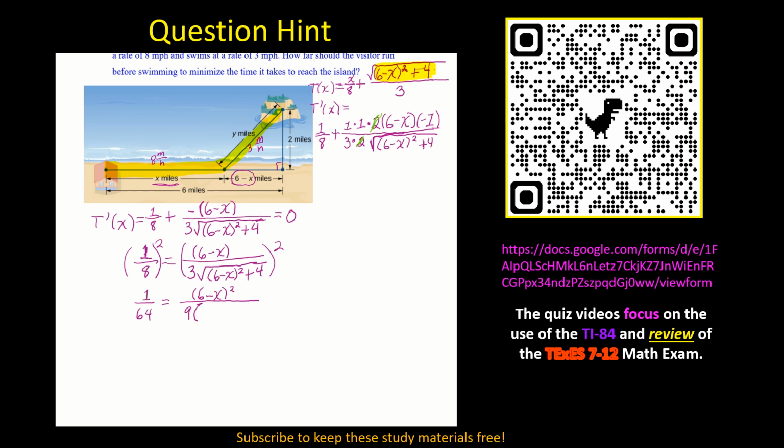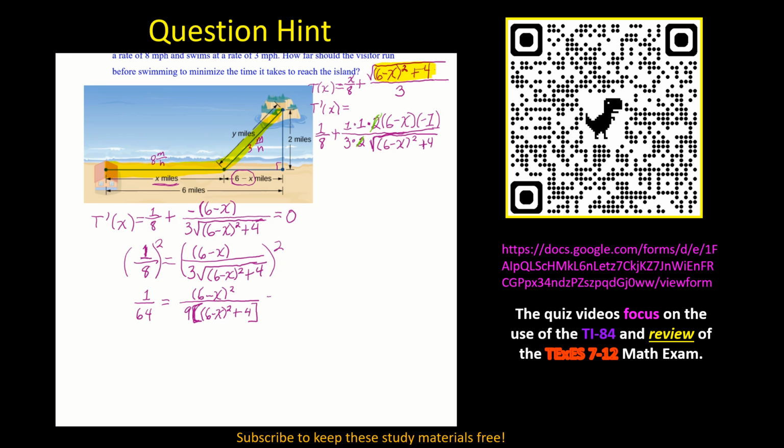Okay? Actually, a bracket would be better here. That gives us 6 minus the x, and we square that, then plus the 4. It brings that whole thing out, and it can be multiplied in. So let's see what we can do now. All right, we can bring this to the other side.